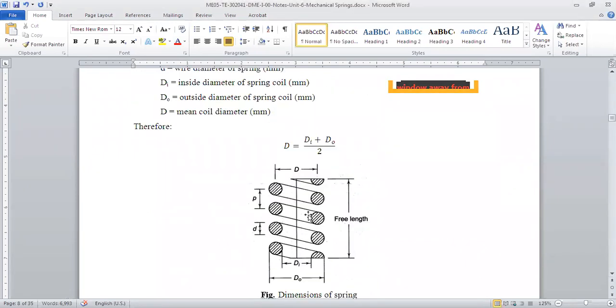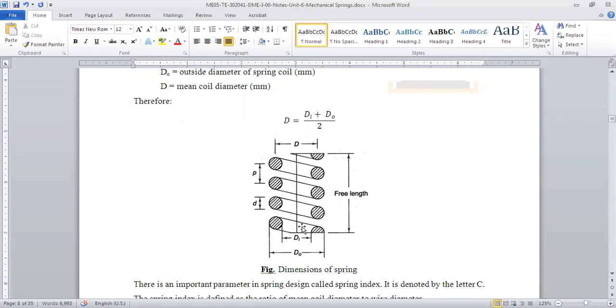So if you cut a spring, if you take a vertical cross section of the spring, if you can see this diagram, the cross section is basically the wire. The diameter of the wire is denoted by the symbol small d. That is the diameter of the wire. It is shown with the cross section here, right?